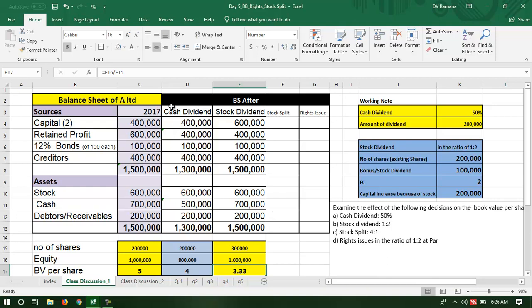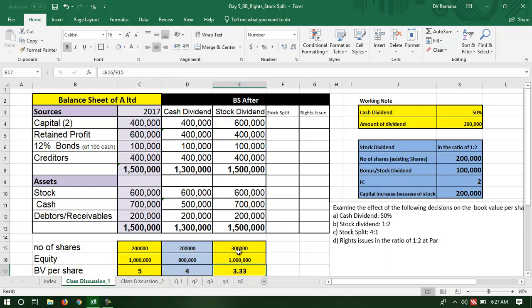So whether you give cash dividend or stock dividend, the book value per share falls. In the case of cash dividend, the book value has reduced because the equity has come down from 1,000,000 to 800,000.